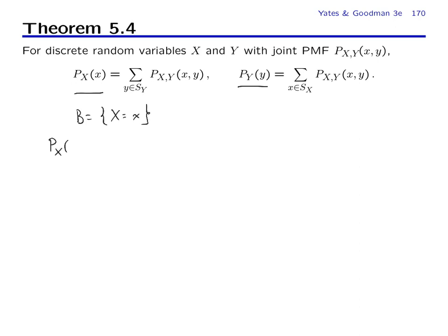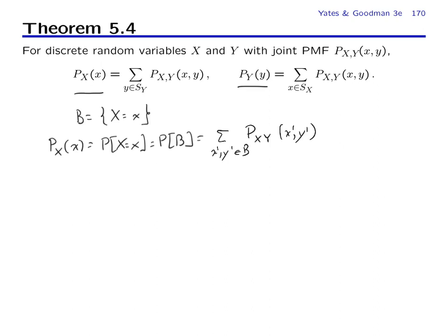Then the PMF of x is equal to the probability x equals little x, and that's just the probability of B. And that's just the sum over all x prime and y prime belonging to B of the joint PMF of x and y at x prime and y prime.